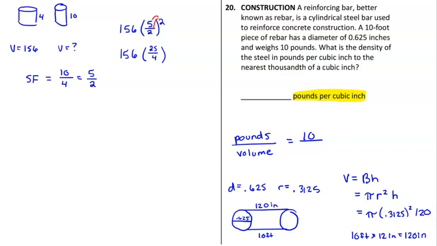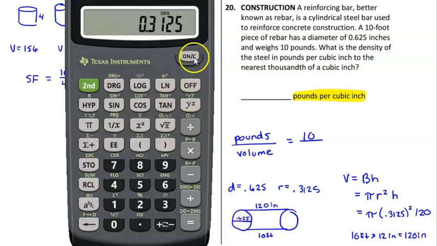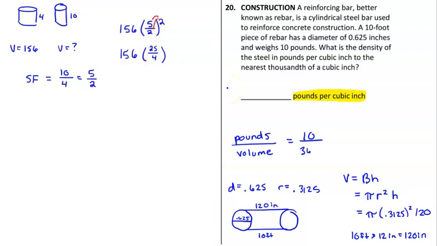And then go ahead and pop all of that into your calculator. So I've got pi times 0.3125 squared, and then times 120 equals, and I get 36.8155, so I'm just going to put all that in.